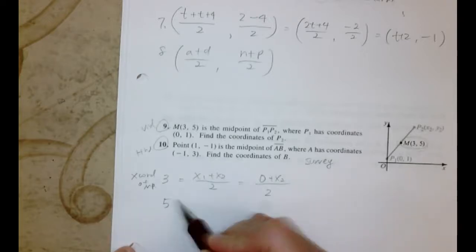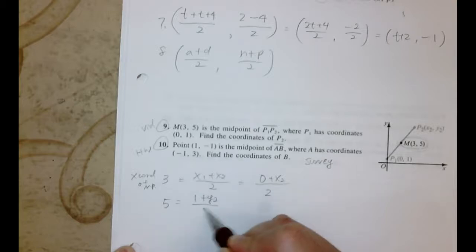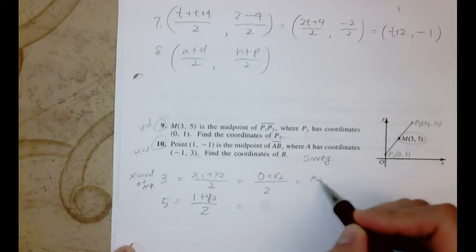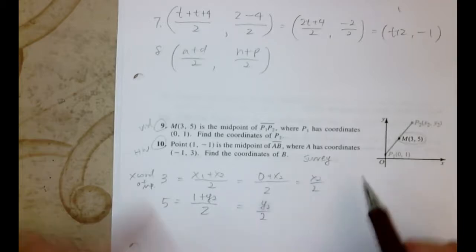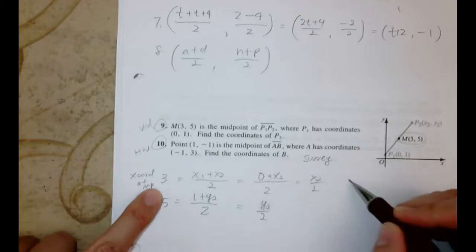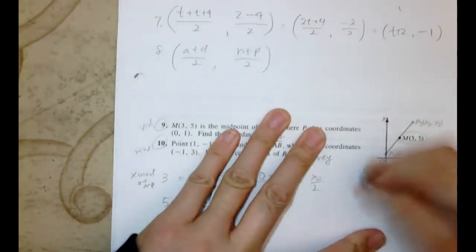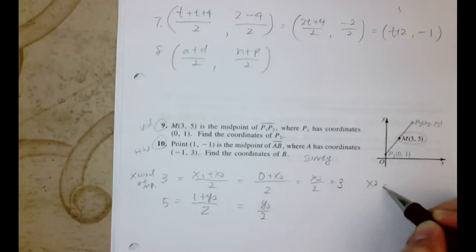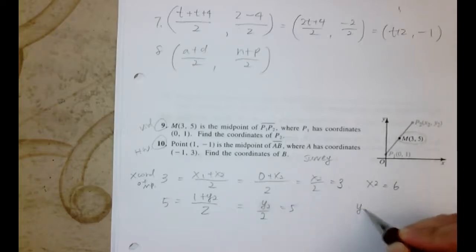And 5 has to equal (1 plus y2) divided by 2. So this is x2 over 2, and this is y2 over 2. And so that means that x2 has to equal, so this equals 3. Let's just write it again. This has to equal 3. So that means x2 has to equal 6, and this equals 5. So y2 has to equal 10.